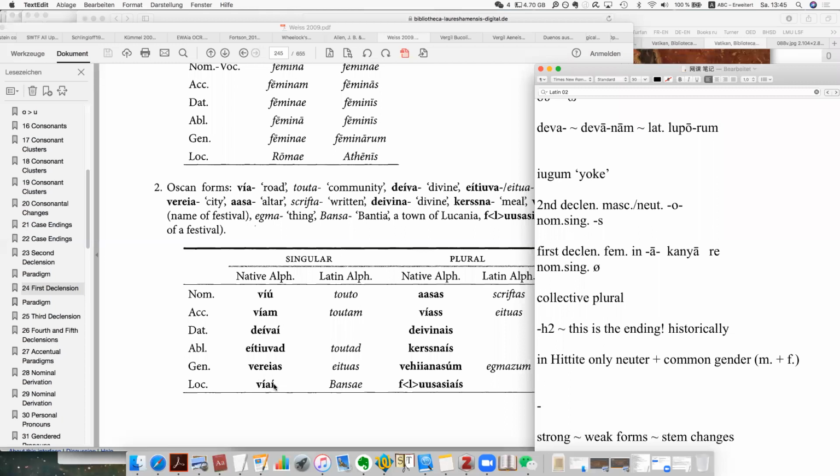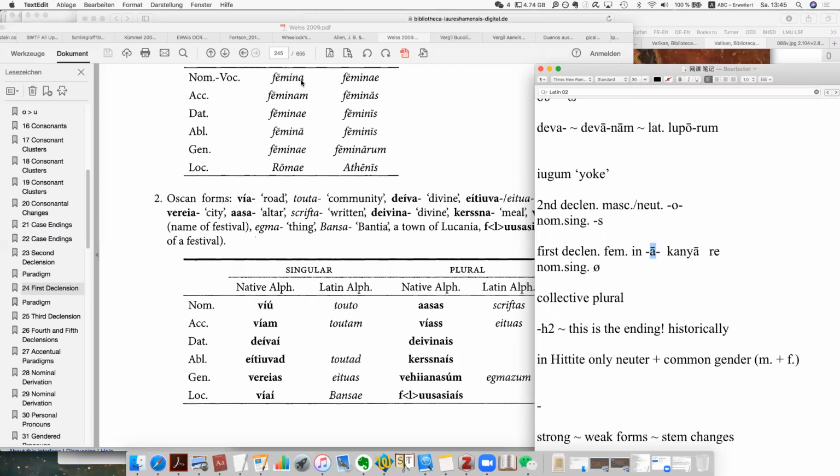And then locative. And you know, this viu goes back to the long A, and this long A at the end becomes a U in Oscan, and it is shortened in Latin. So it's different sound changes.